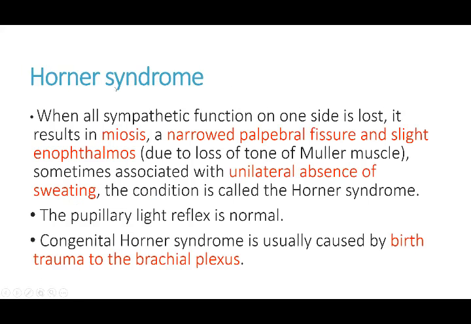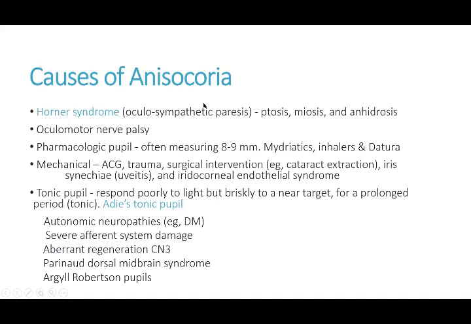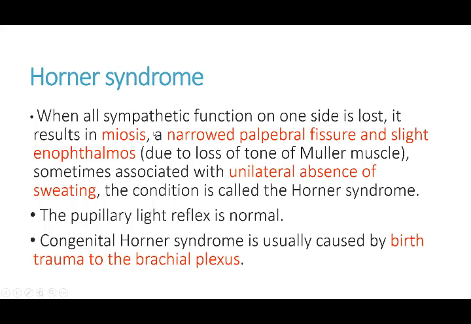Now, in Horner syndrome, we talked about ptosis, meiosis, and anhydrosis. When all sympathetic function on one side is lost, it results in meiosis, a narrowed palpebral fissure, and slight enophthalmos, meaning it looks as if the eye has gone inward. This is due to loss of tone of the Muller's muscle, sometimes associated with unilateral absence of sweating, and the condition is called Horner's syndrome.